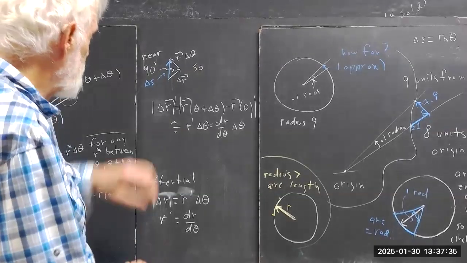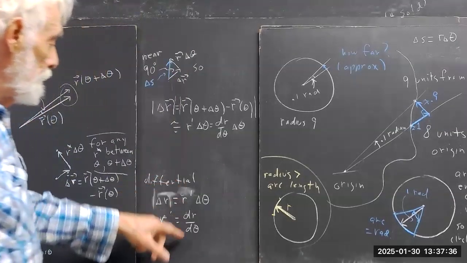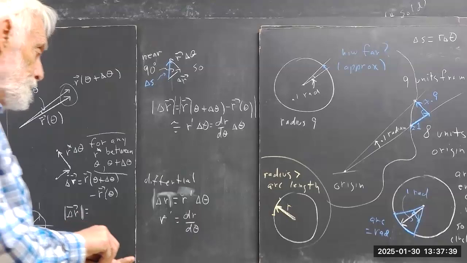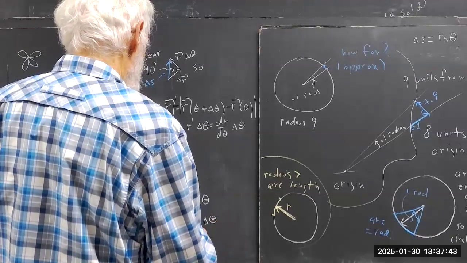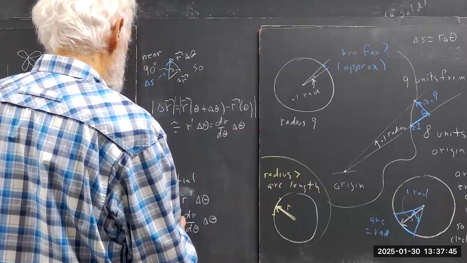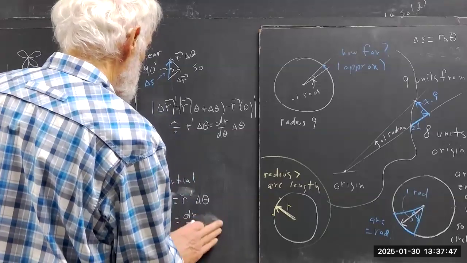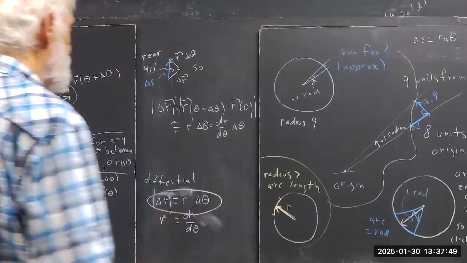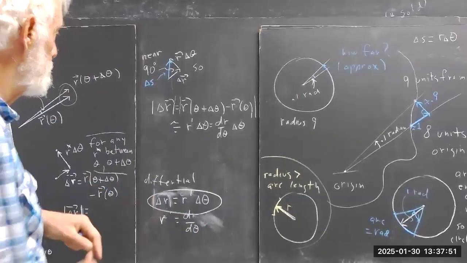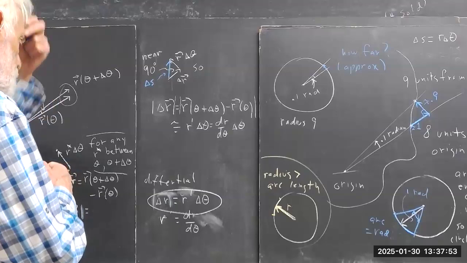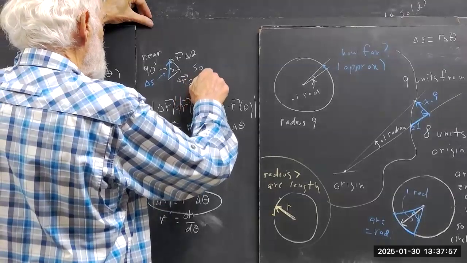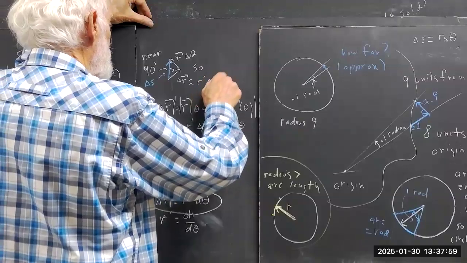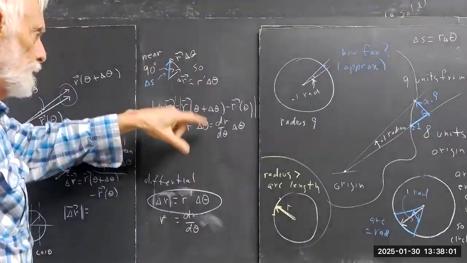That's what we're saying. We've established delta R by the differential has got to equal this times delta theta. That number, R prime delta theta.